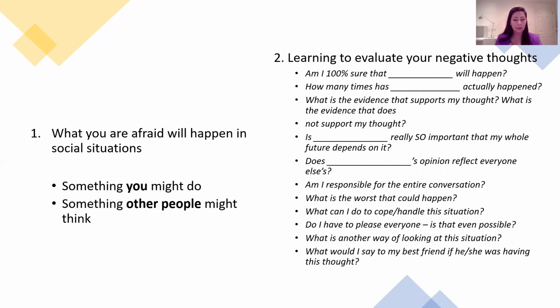For example, others won't like me, or other people will notice that I'm anxious, and then they will think I'm weird. To become more aware of the specific fears that you have, try to identify the thoughts you're having about the social situations and about the fears you have about them.